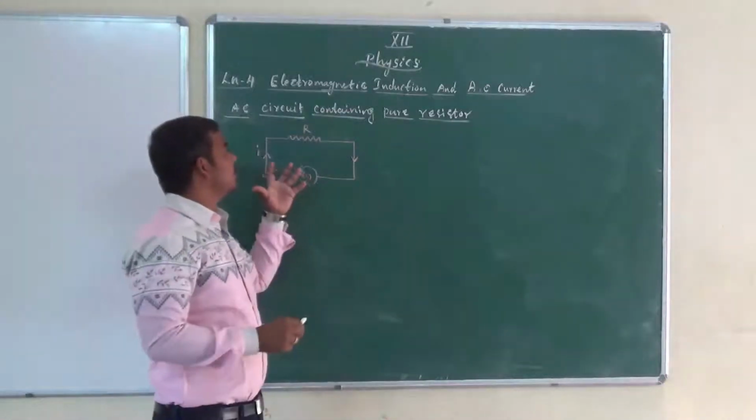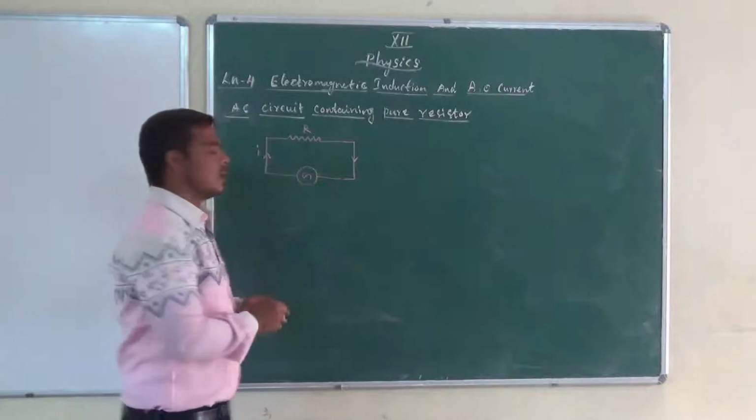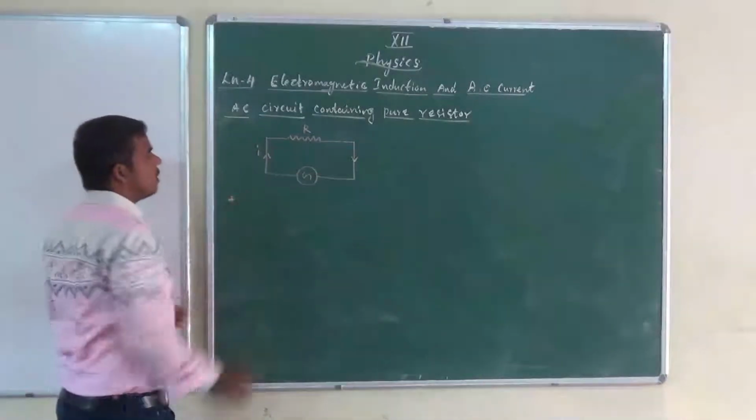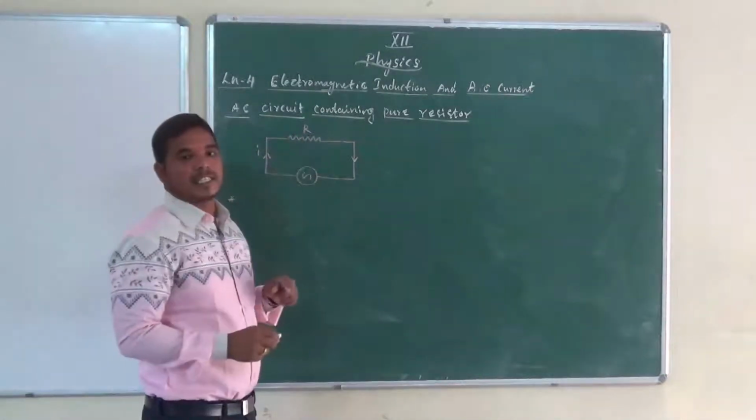So I will explain the circuit diagram. Here R means resistance.